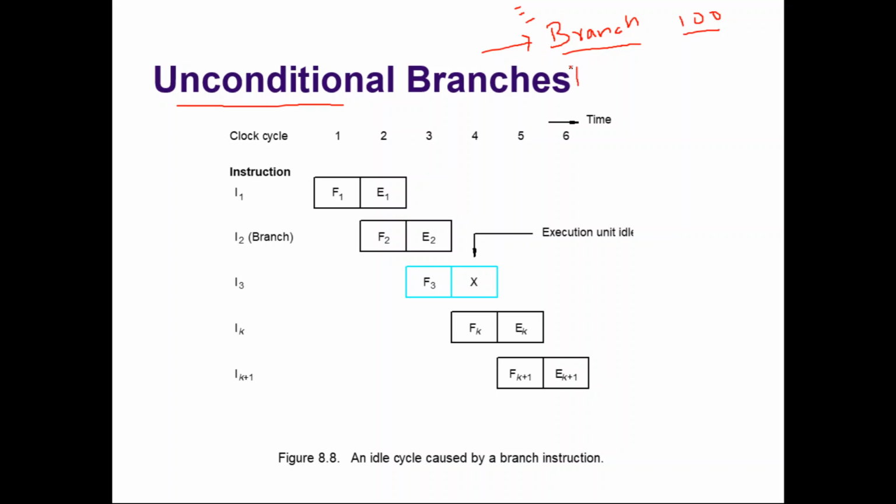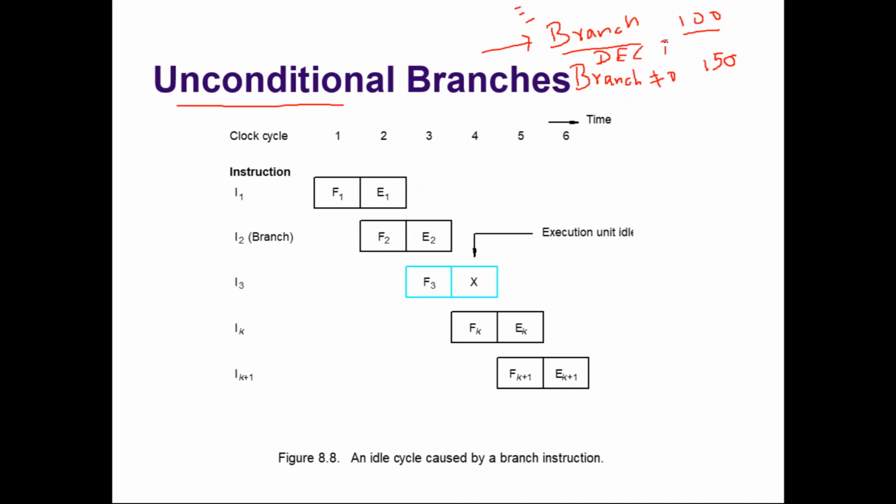Whereas conditional branch means based on some condition a branch may or may not happen. For example, branch not equal to 0, branch to location 150. Before that there may be some arithmetic operation like decrementing register R1 or R2.